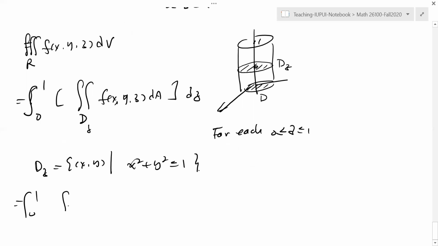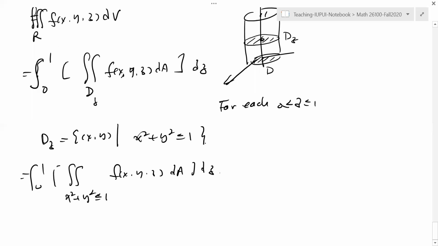It's from 0 to 1. You can simply write x squared plus y squared less than or equal to 1, f(x, y, z). You can make it simpler. So this is an iterated integral for that integral over the cylinder.